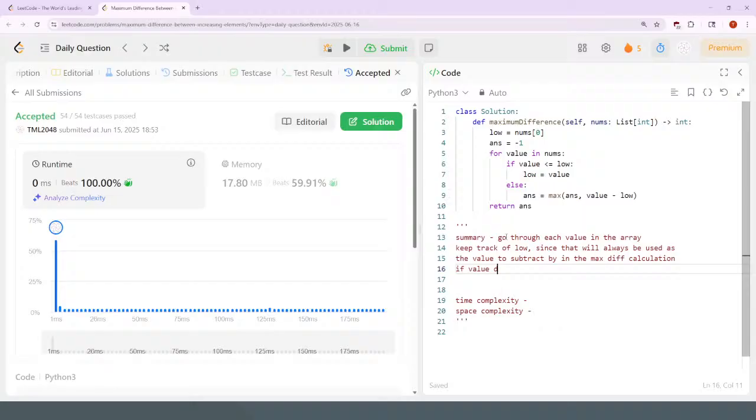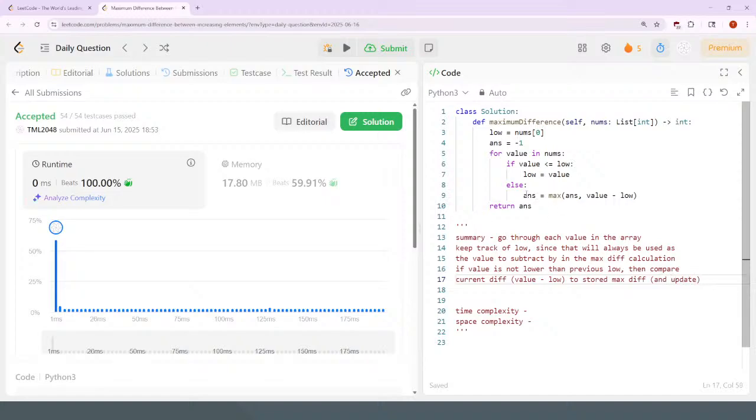If the value is not lower than the previous low, then compare the current difference, which is the value minus the low, to the stored max difference and update.